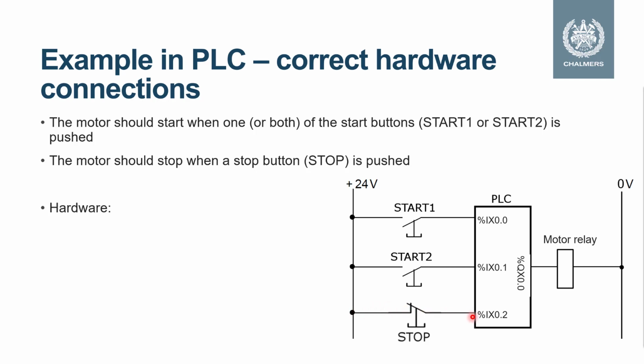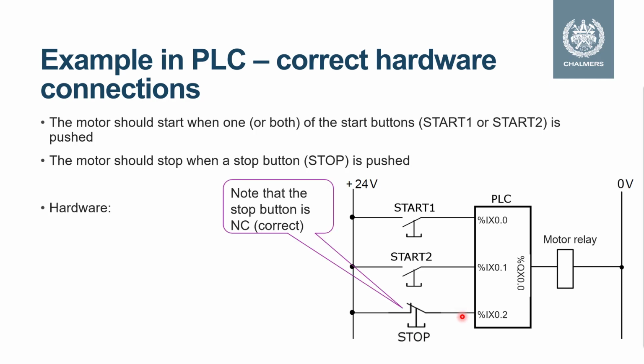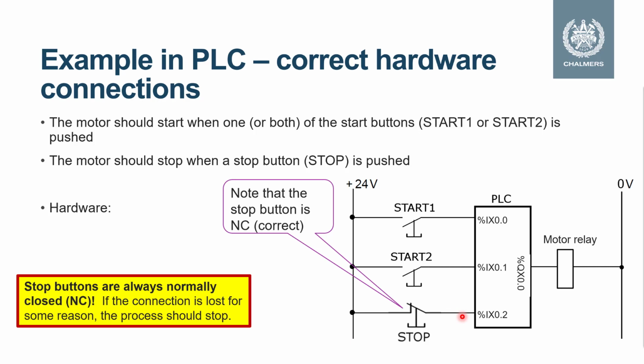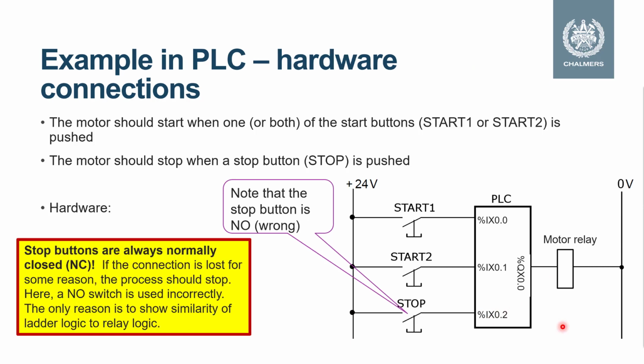We have 24 volts here until we press the button, and then we will have 0 volts. So this is the correct way to do it. And if anything goes wrong here in the connection, we will have 0 volts in here, and that will automatically stop the motor. But for this example, I will start using this configuration.